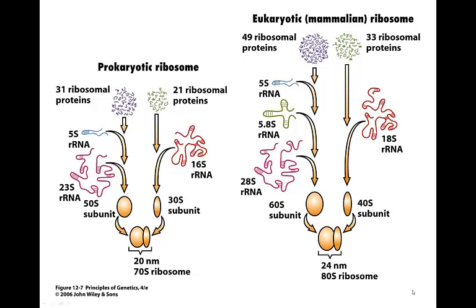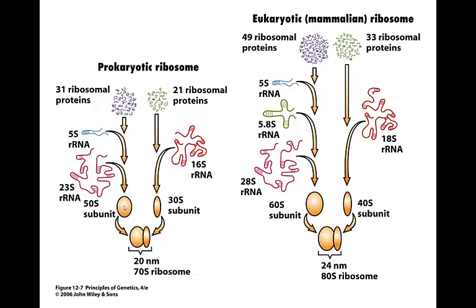So here's a summary of the components that make up prokaryotic and eukaryotic ribosomes. If we start down at the bottom, you can see the large subunit and the small subunit. These are called the 50S subunit and the 30S subunit in prokaryotes, slightly different numbers in eukaryotes. But the large and the small subunits in prokaryotes versus eukaryotes have the same function.